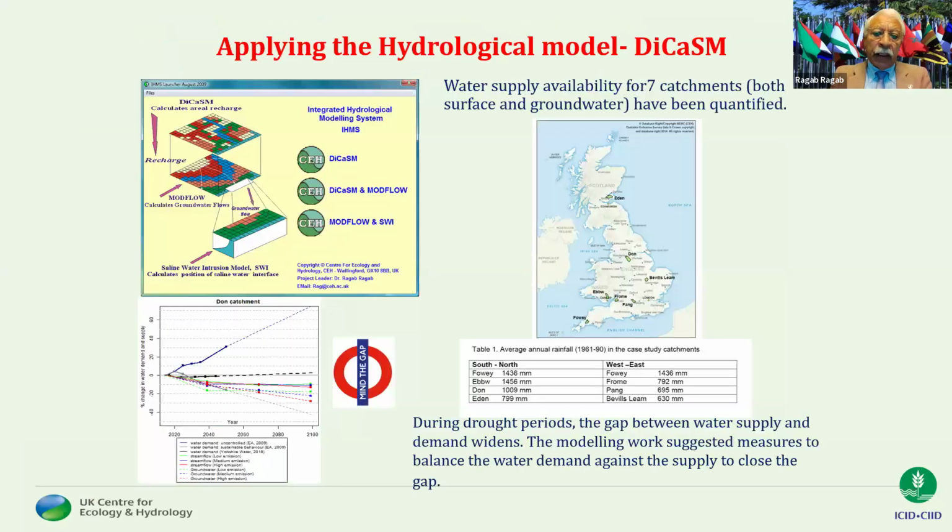The work we did recently on 7 catchments in the UK, from the north of the UK and Scotland to the Midlands to Cornwall in the south, was a project funded by the British government. Six of those 7 catchments showed a future gap between water supply and demand, as you see here on that catchment. This is one of them, the Don catchment in the Midlands near Sheffield, and that's another alarming sign, even for a humid country like the UK.